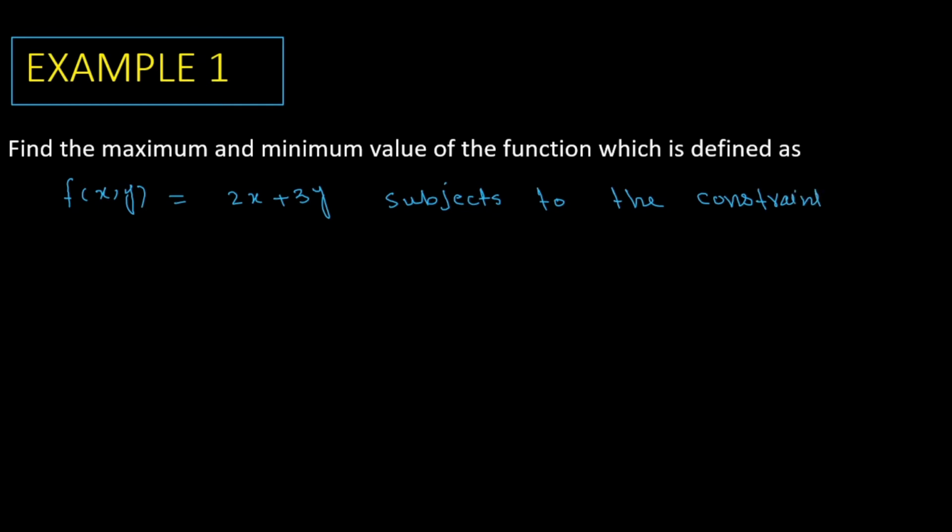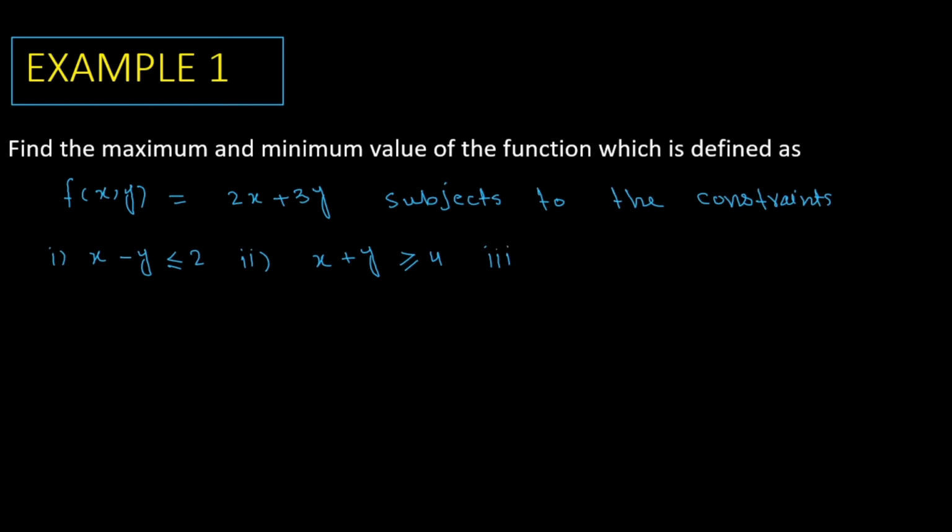The constraints are: first, x minus y is less than or equal to 2. The second is x plus y is greater than or equal to 4.